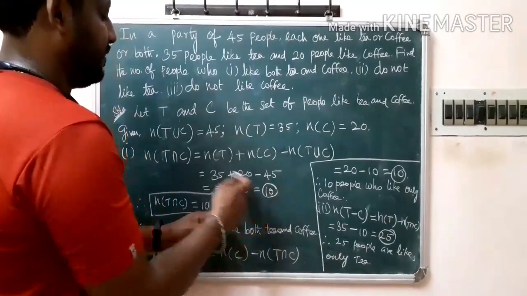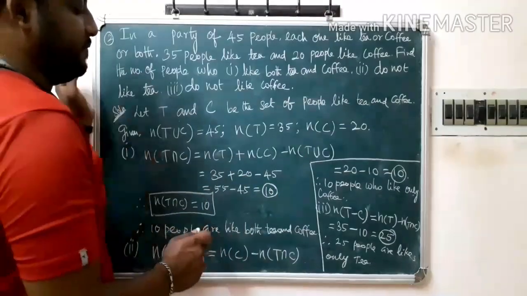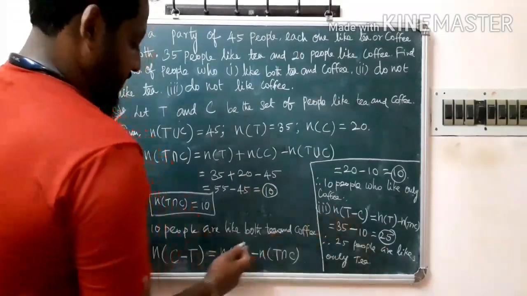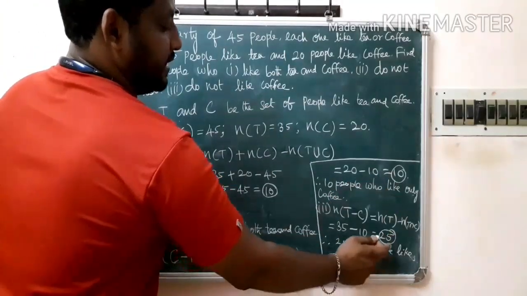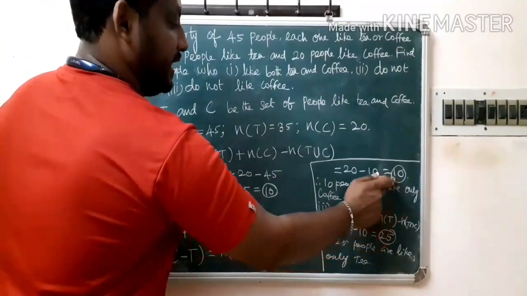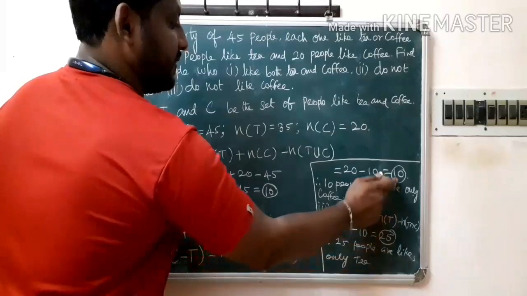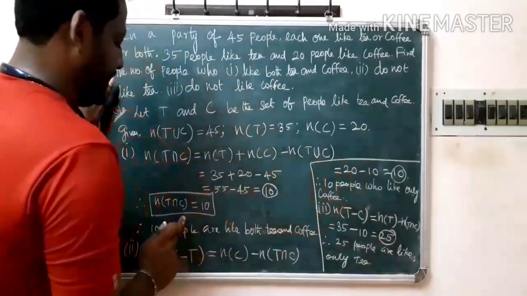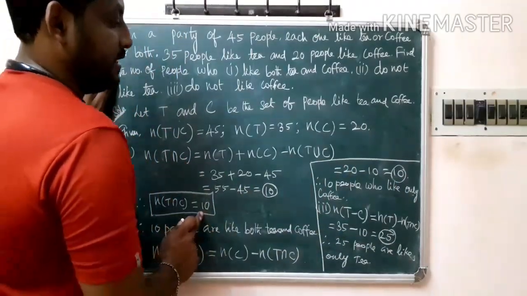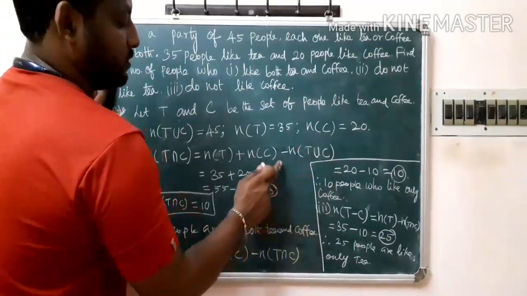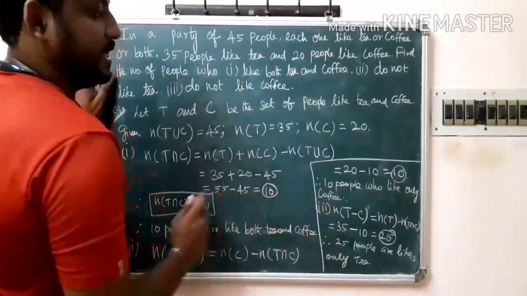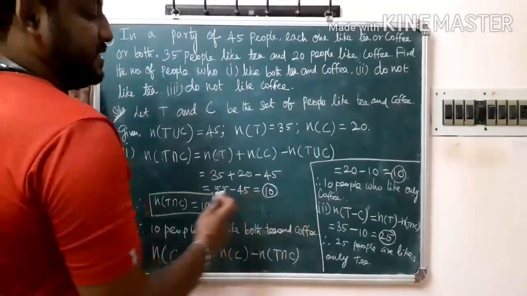If we subtract, both answers are 10. And we can add these three values: only tea 25, only coffee 10. So 25 plus 10 is 35, and then the intersection part, 10, so 35 plus 10 is 45. Which means the union part is also 45. So both are equal. We can check this answer.